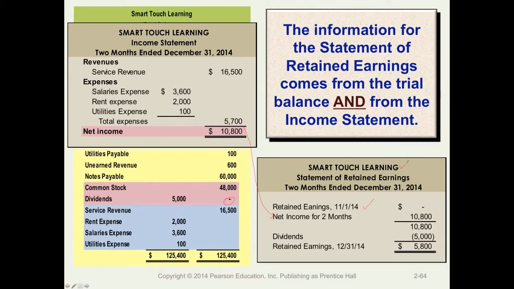And again, before I forget, let me remind you that you must have the name of the company, title of the statement, and the period. This is for the 2-month period ended December 31st, 2014. Net income for the 2 months, $10,008, from the income statement. And then from the trial balance, dividends were declared and distributed, and therefore they come out of retained earnings, so your ending retained earnings is going to be $5,800.